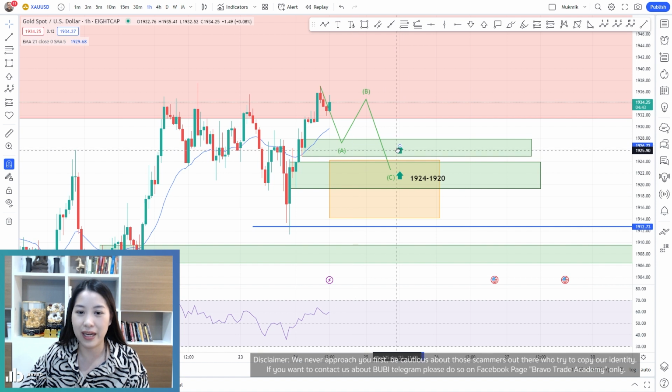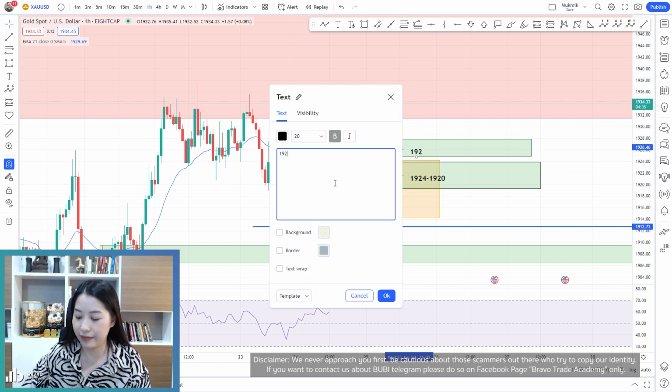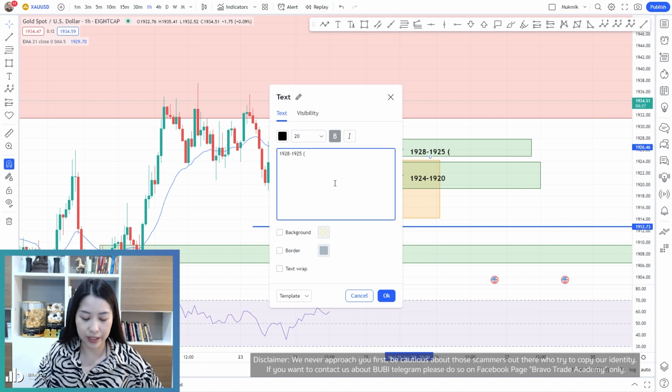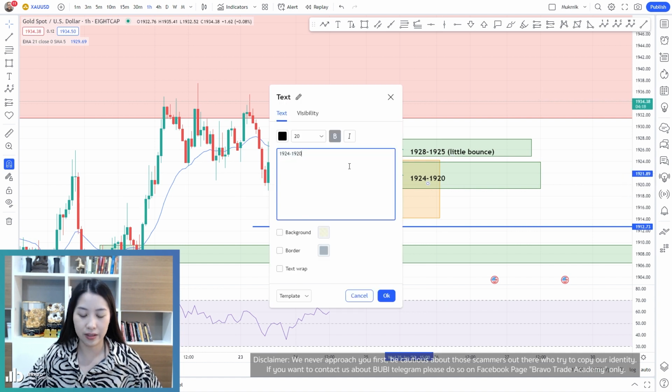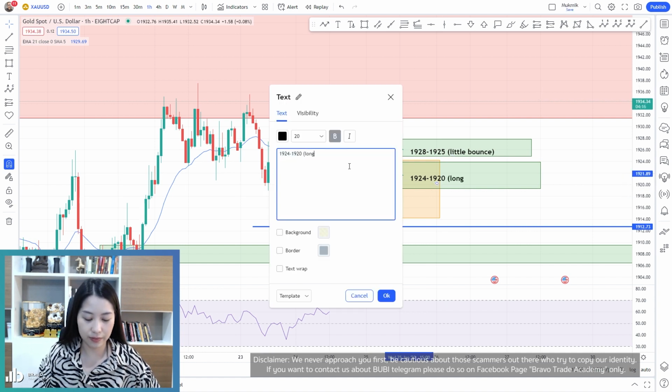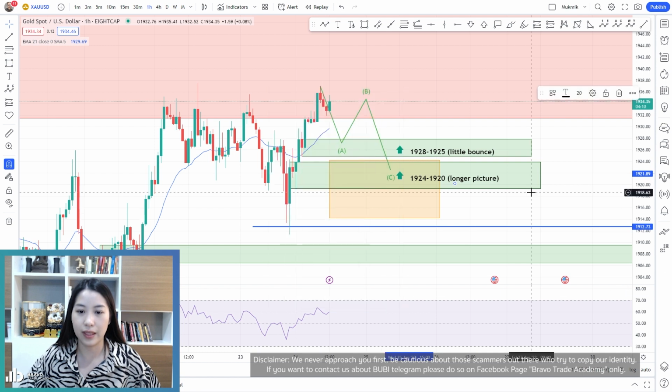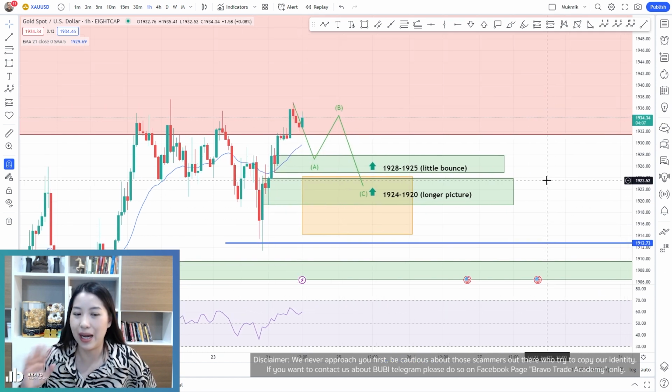So the first demand zone that we will have is from 1928 to 1925, okay? Short little pulse, okay? This is the longer picture. Okay, so that's for the buying plan.